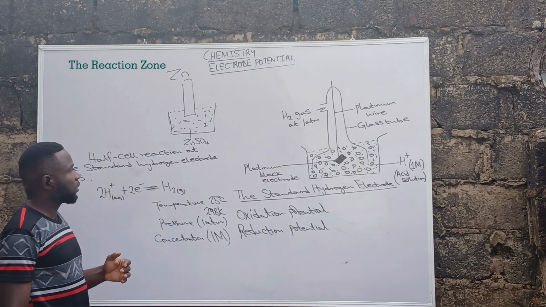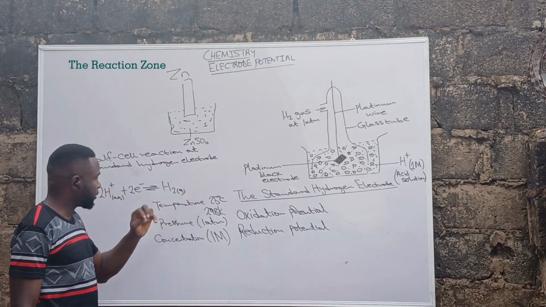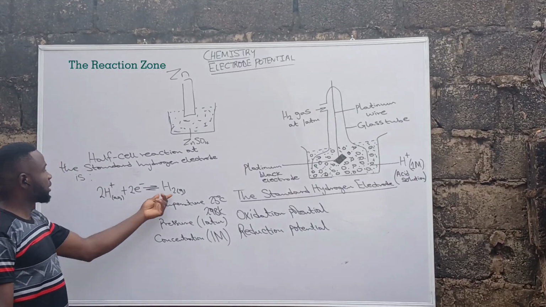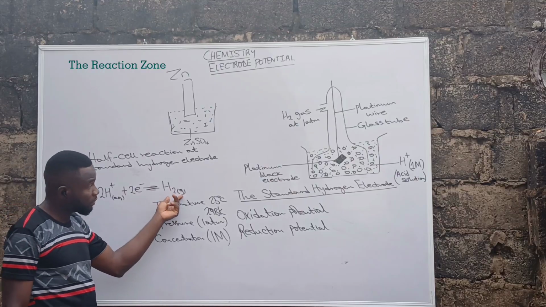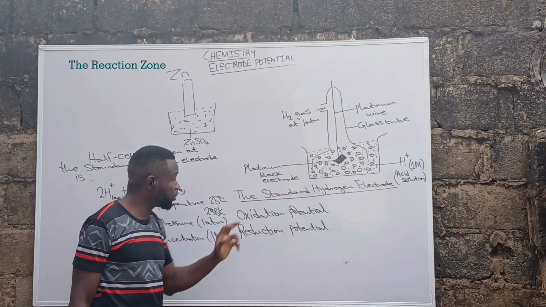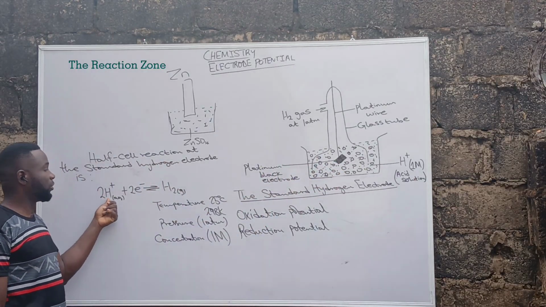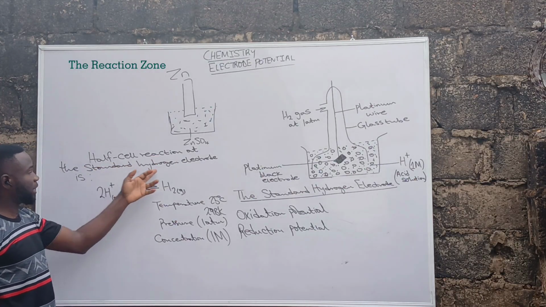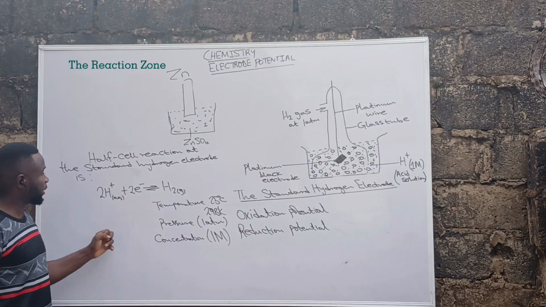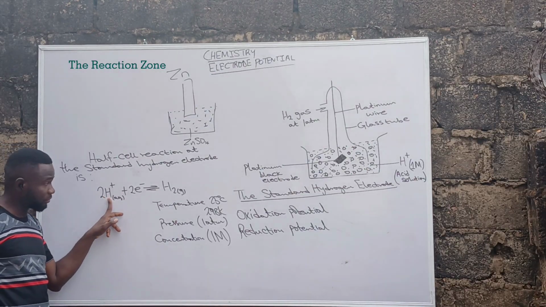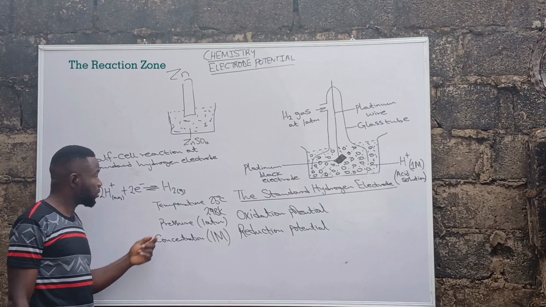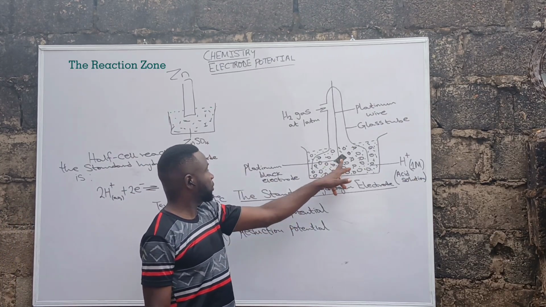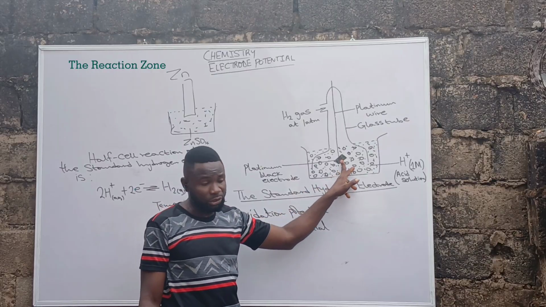And after this has been prepared, there is going to be an equilibrium between the hydrogen gas that is adsorbed on the surface of this platinum black electrode and the hydrogen ions in solution. So the half cell reaction at the standard hydrogen electrode is this, where you can see that the hydrogen ions from the acid is actually in equilibrium with the hydrogen gas that is adsorbed on the surface of the platinum black electrode.